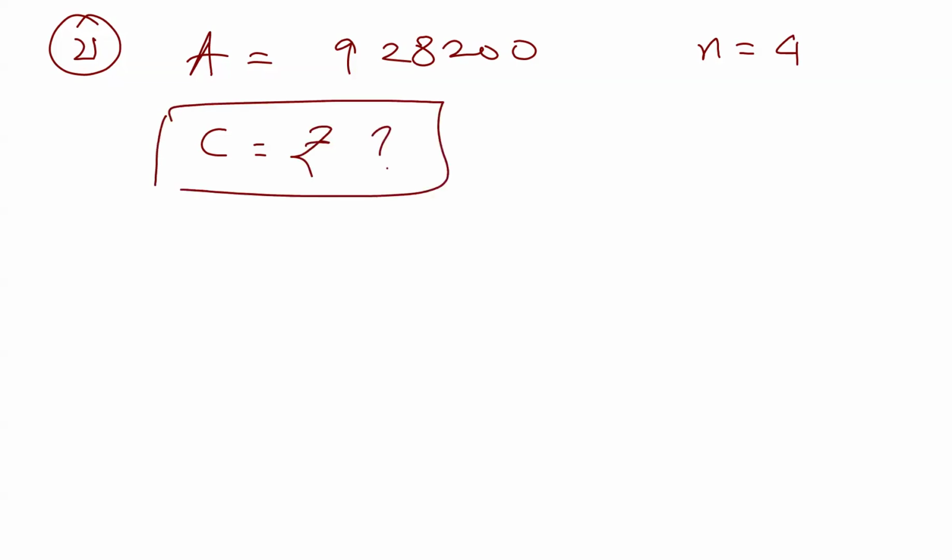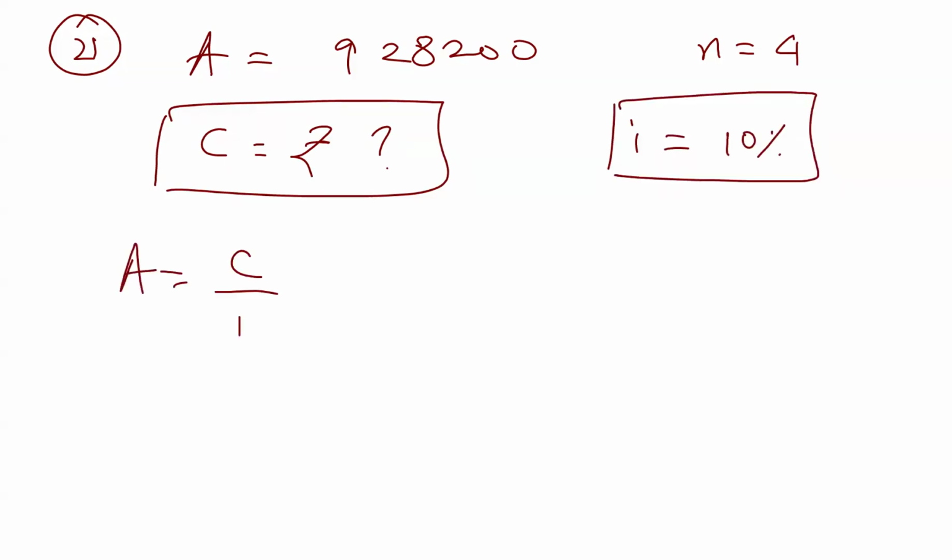So what is that amount? So we are asking C in this particular problem. I is equal to 10%. So A is equal to C by I, 1 plus I raised to n minus 1. We are considering annuity immediate because they are mentioning what amount has to be put at the end of every year for 4 years.